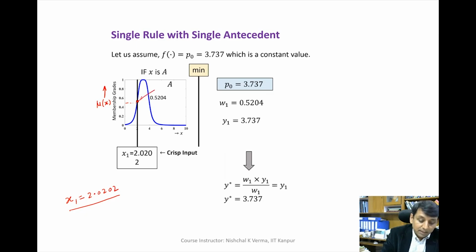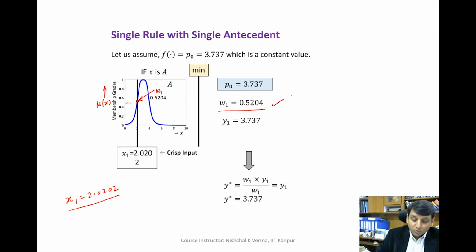So this is the intersection point, and this I can write as W1. Since we have only one antecedent, min is not applicable here. So the same value will be transferred to the output here for the weighted average.